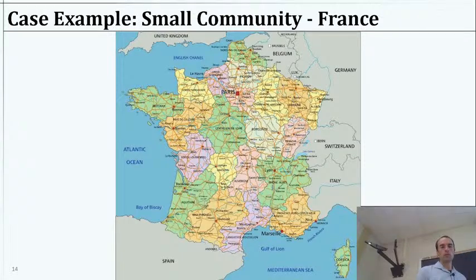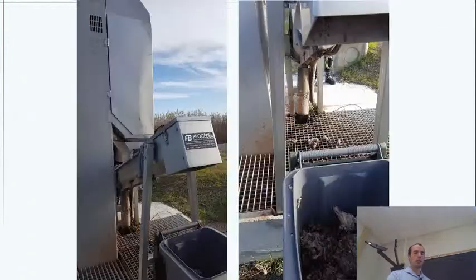Okay, so I mentioned I got a chance to visit, and the spot is right around this area, Montpellier. It's a pretty neat spot, and they had a system there where they were taking wastewater from a community of, I don't remember exactly, something like 500 to 1,000 homes.